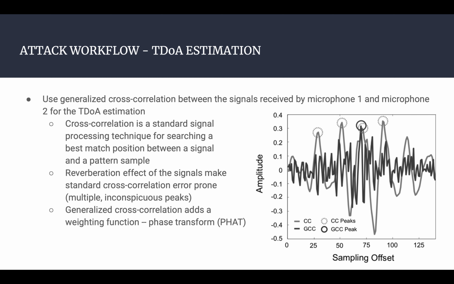And you can see in the figure to the right, the lighter line and peaks are from the standard cross-correlation algorithm, and then the darker line and darker peak is from the generalized cross-correlation algorithm. So it has an advantage that it makes the peak distinct and clear by comparison.